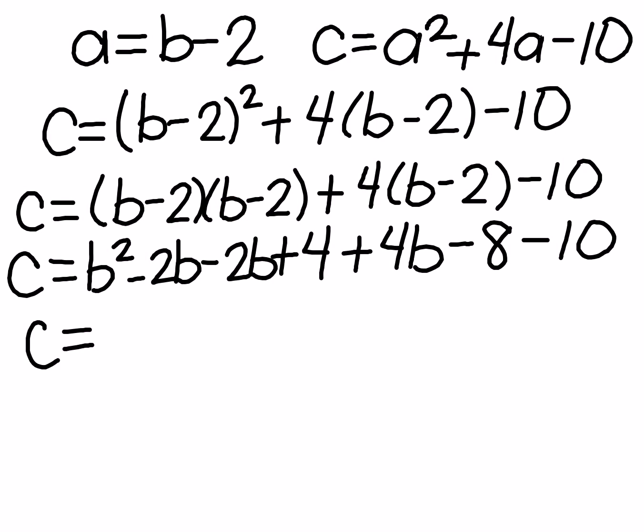Negative 2 times b, negative 2b. Negative 2 times negative 2 is positive 4. Then the distributive property, 4 times b is 4b. And 4 times negative 2 is negative 8. Now we're going to combine like terms. As you can see, I combine my like terms. So once I combine my like terms, I have c in terms of b.